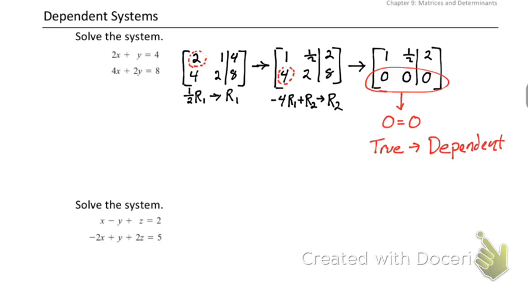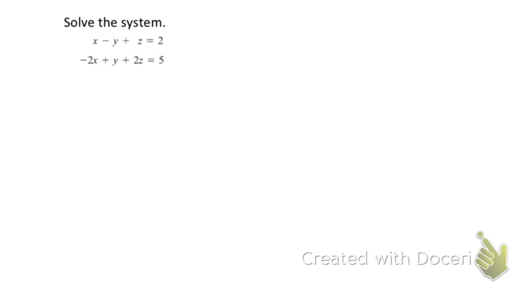Another case of this that might show up is our next one, and you might have to write more notes than I write down here. How many variables do we have? There's 3 variables. How many equations do you need to solve for 3 variables?